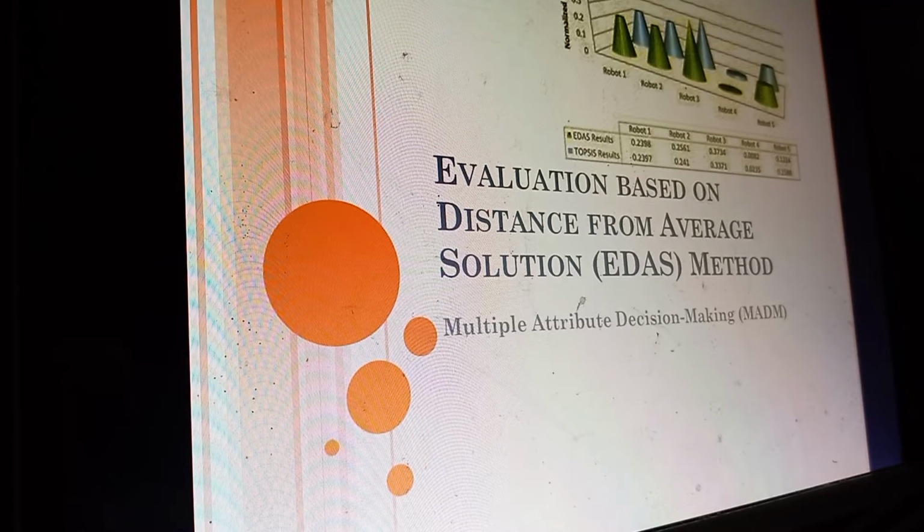Here we are identifying the positive distance and negative distance between each alternative and the average alternative. The good performance of the EDAS method is in solving the multi-criteria classification problem. EDAS is a simple yet effective method of MADM, or multiple attribute decision making.